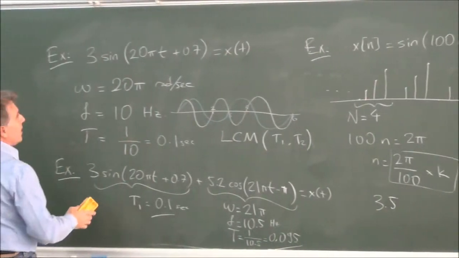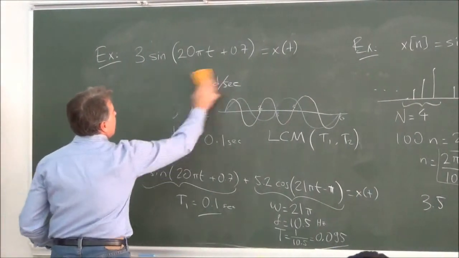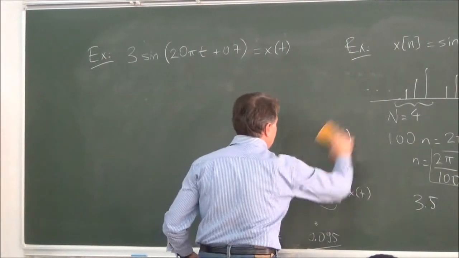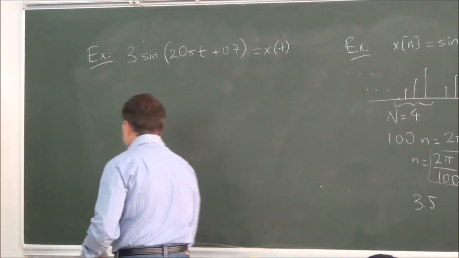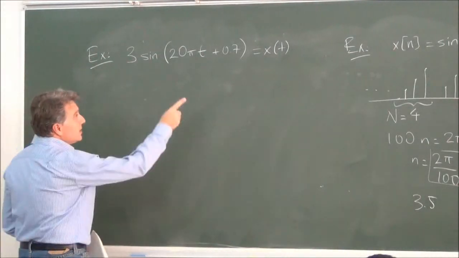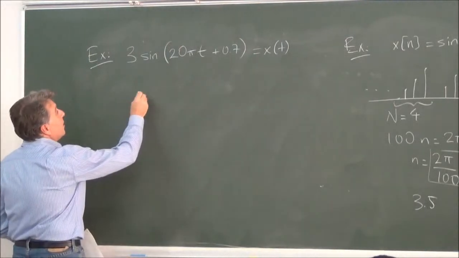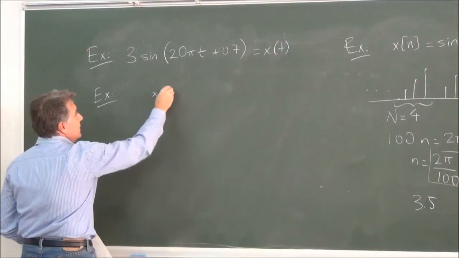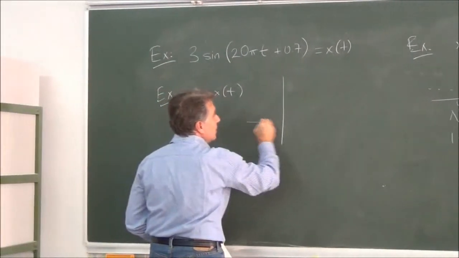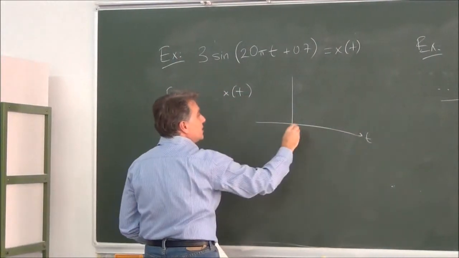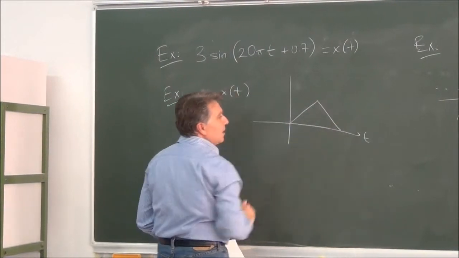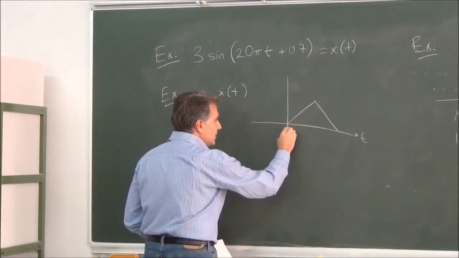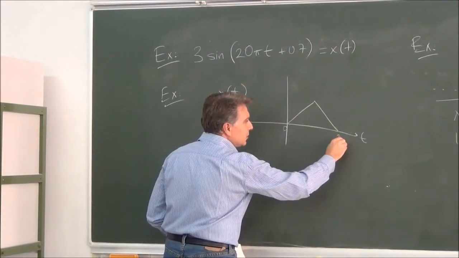Now, let's come back to this example. This is an example of, for example, if you have x of t, and suppose you plot on the axis, suppose it's finite support, it starts from 0 and it ends at 2.